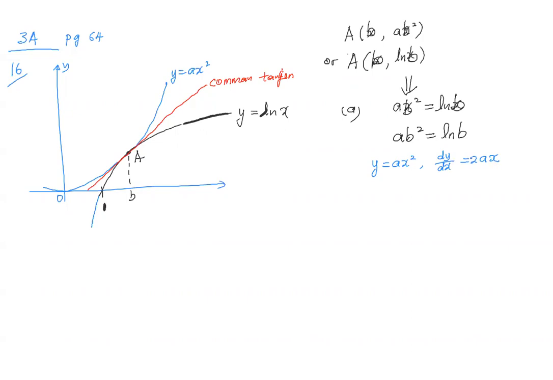So at x equal to b, dy/dx will be equal to 2ab. For the other equation, since they are a common tangent, their gradient will be the same. So dy/dx is 1 over x. So at x equal to b, dy/dx will be 1 over b. So 2ab will be equal to 1 over b. Done. That is your part a.